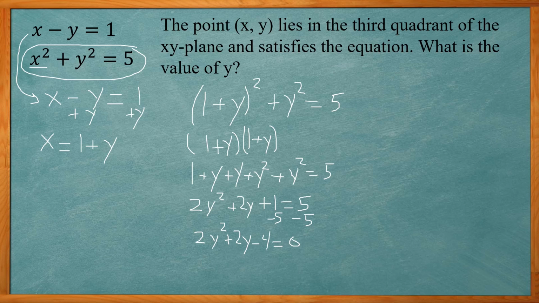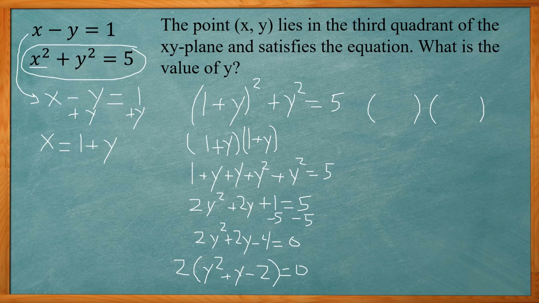Now from here I can see that 2y squared plus 2y minus 4, they all have a 2 in common, so I'm going to factor out a 2. It's going to leave me y squared plus y minus 2 within there. Okay, now I'm going to factor the y squared plus y minus 2. So I have 2 sets of parentheses.